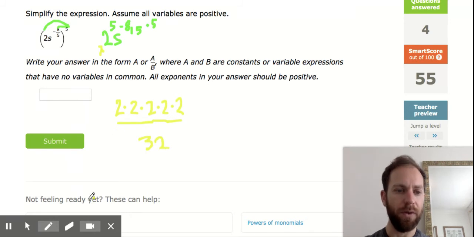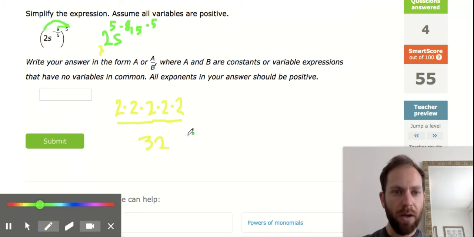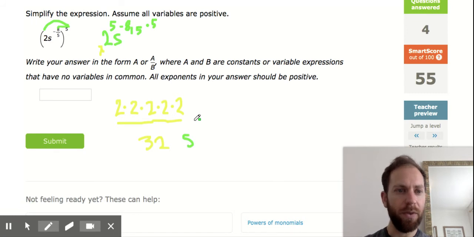And then let's do, in green, s to the negative, let's see, 8 times 5 would be 40. 40 divided by 5. Well, what's 40 divided by 5? That's negative 8, right? So this is the same as s to the power of negative 8, or 1 over s to the positive 8 power, right?